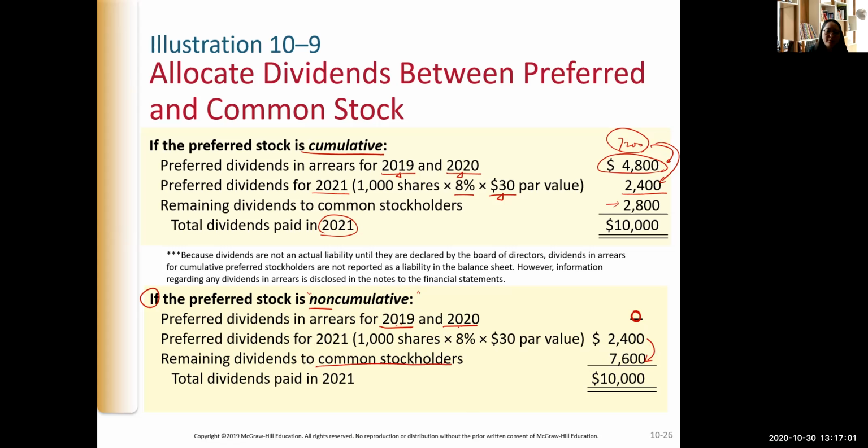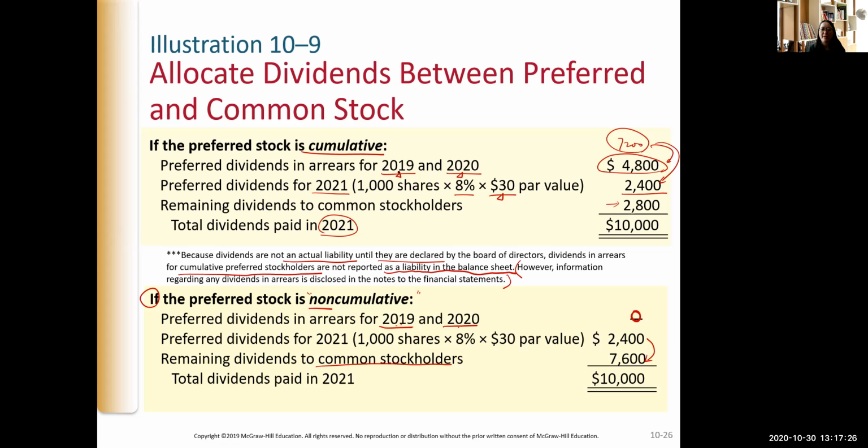So in other words, because dividends are not an actual liability until they are declared by the board of directors, dividends in arrears for cumulative preferred stockholders are not reported as a liability in the balance sheet. However, information regarding any dividends in arrears is disclosed in a footnote of the financial statements.